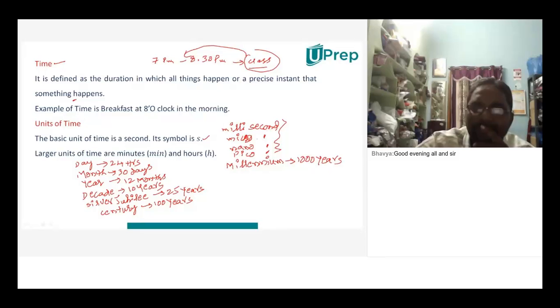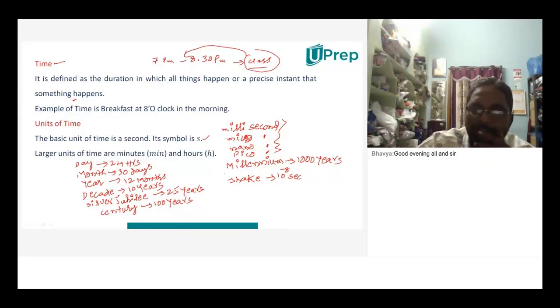Millisecond, microsecond, these are actually used with prefixes. But one more smallest unit of time will be there, which is called shake. Do you know? Shake will be the smallest unit of time, and one shake is equal to 10 power minus 8 second.